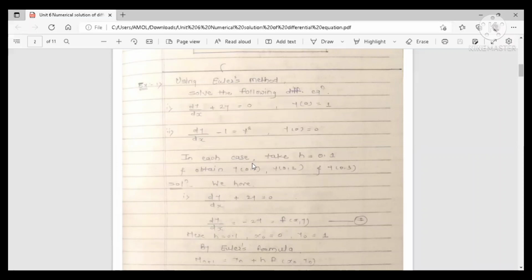We are going to solve two differential equations here. First, and this is second one. Solve one by one. Initial values of x and y are also given.